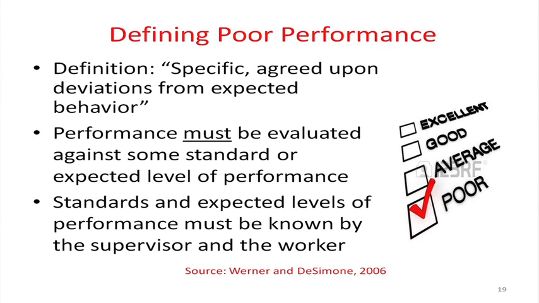And then you must communicate this level of performance which is to be achieved by the worker, so that he knows what is the level of gap, what is the extent of gap that he has, right. So, standard and expected level of performance must be communicated to the worker by the supervisor, so that the worker understands, okay, this is the standard level of performance which I am supposed to achieve.